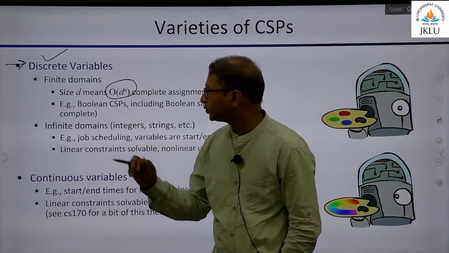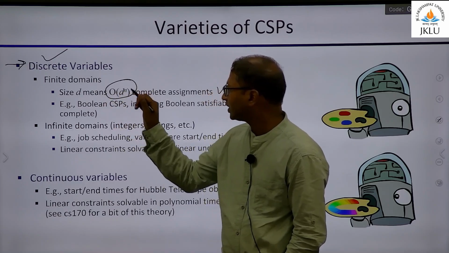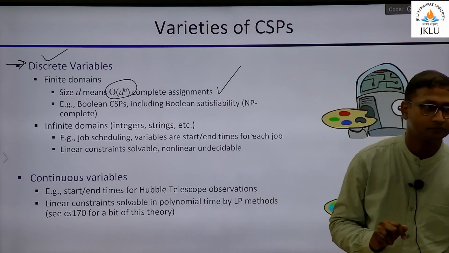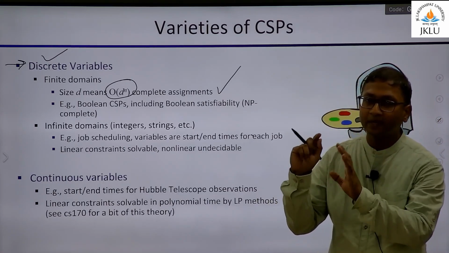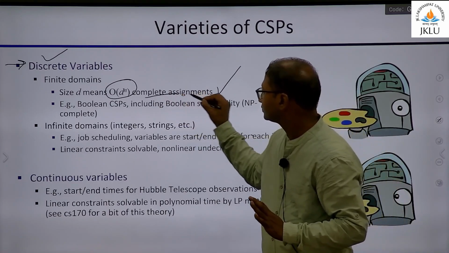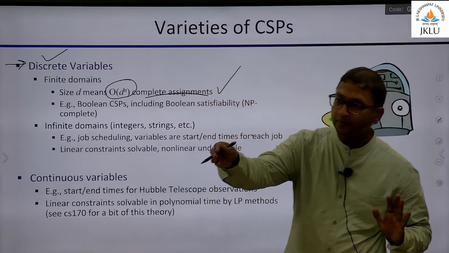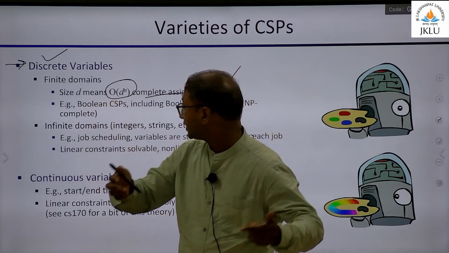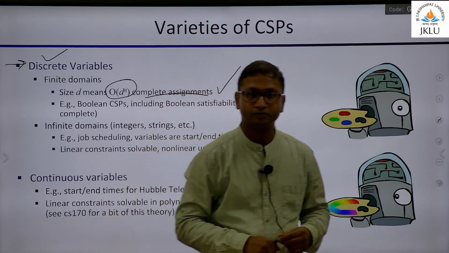What is order D to the n? What does it mean? Size D means order D to the n complete assignments. Easy, you can do it. What do you mean by complete assignments? All variables are assigned some value, right? So how many total such assignments can be there?